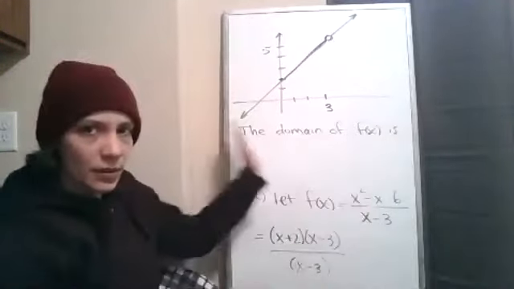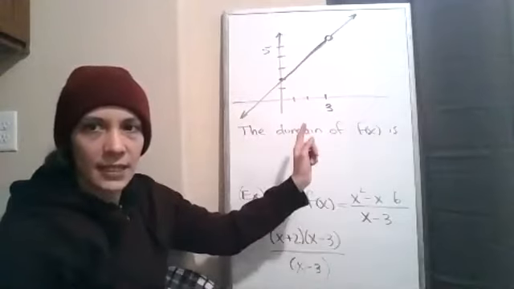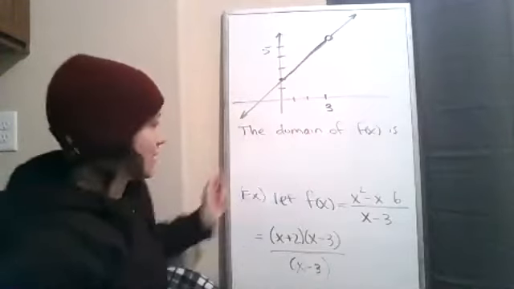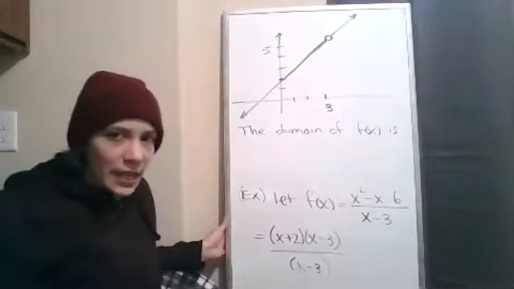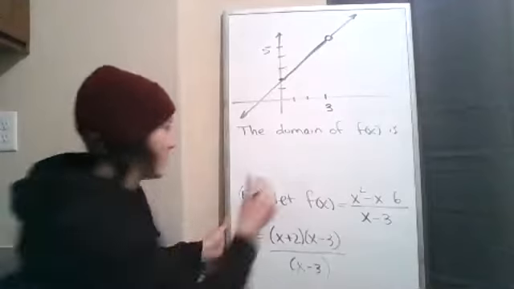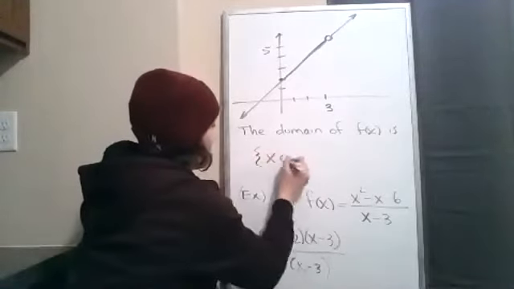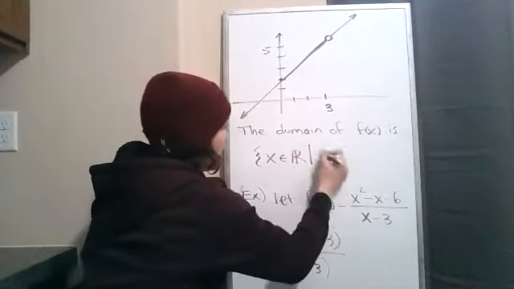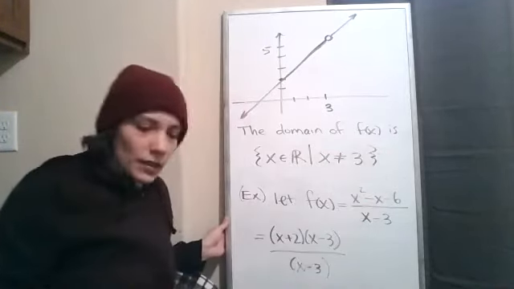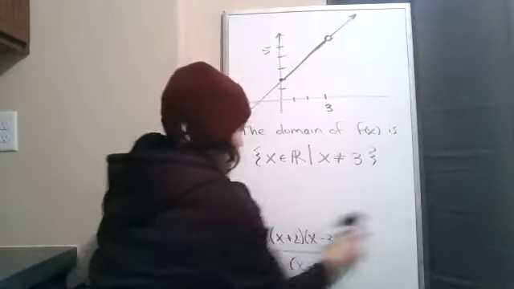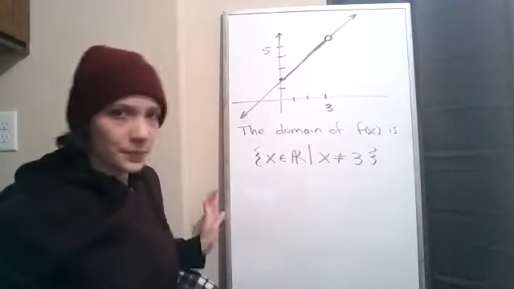Okay, so this domain is all real numbers except x cannot equal 3. And I see the question, we'll address that question in just a sec. Okay, all x in R such that x does not equal 3.